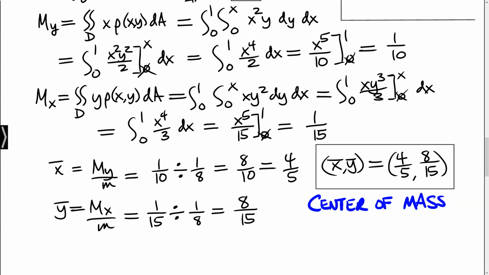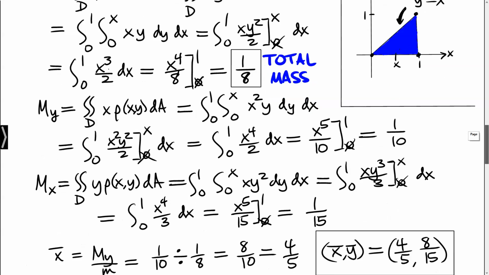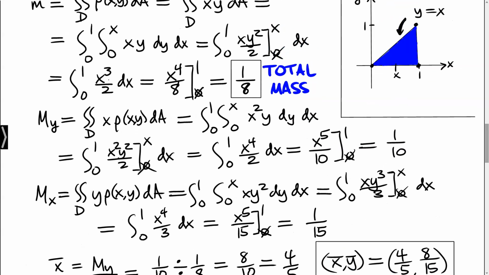So, by the way, we can go up here and actually see where that center of mass is. Remember, the density function was xy, which means the largest the density function is going to be up there at the point 1, 1. Okay, and so 4/5, 8/15.